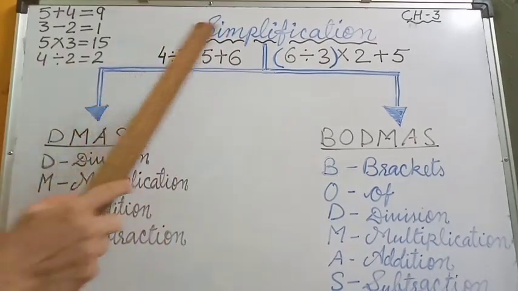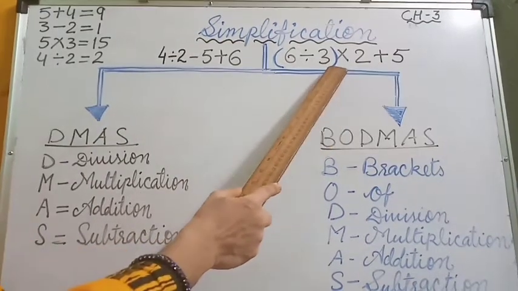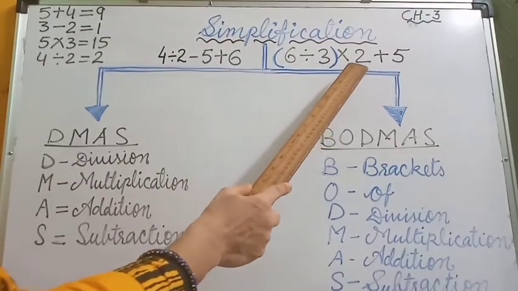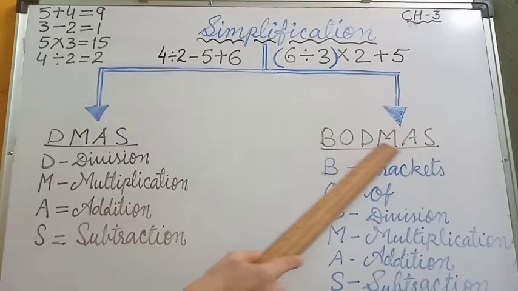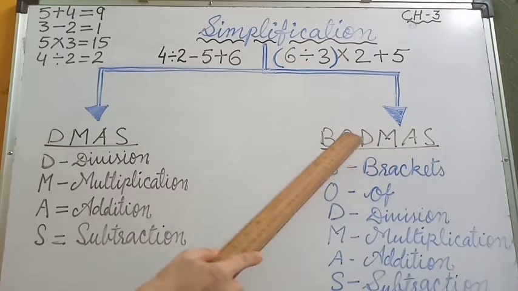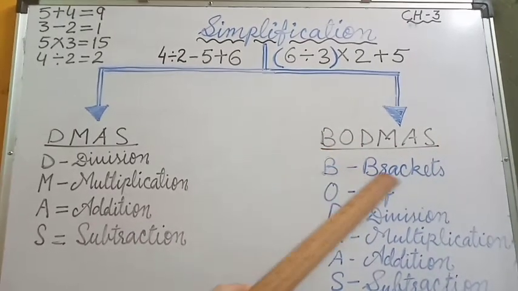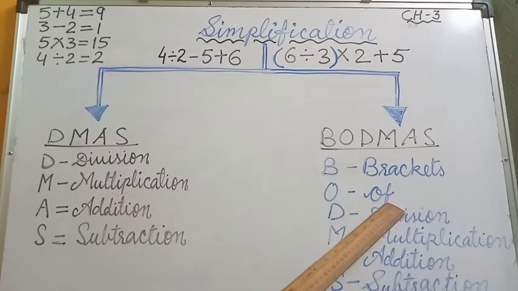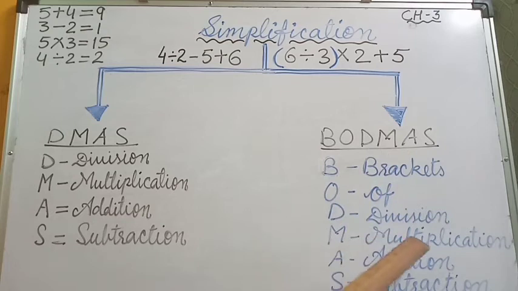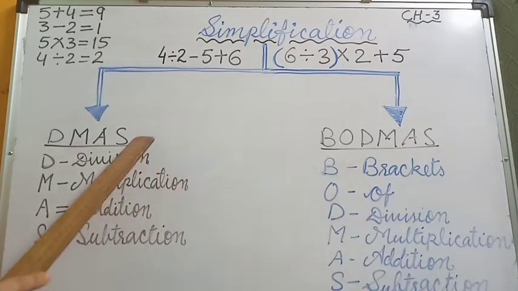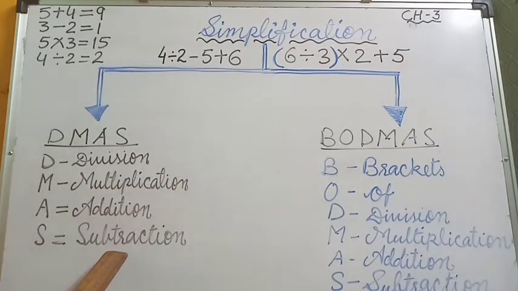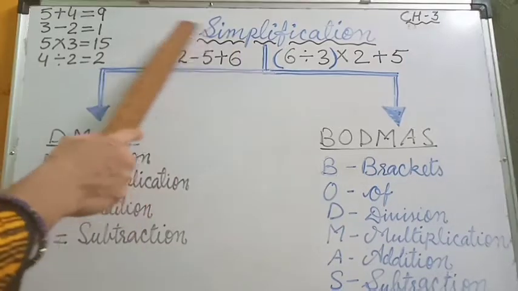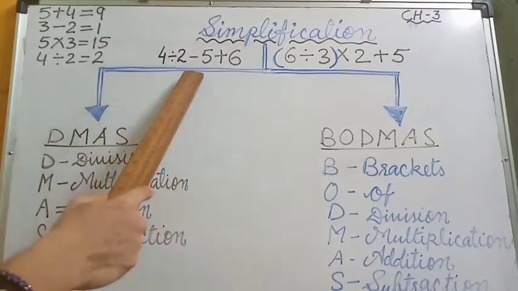Now if we have a bracket in any expression, how to solve this? For that we have BODMAS rule. It indicates B brackets, O of, D is again division, M is multiplication, A is addition, S is subtraction. So this is the order of operations we have to follow while we solve this type of expressions.